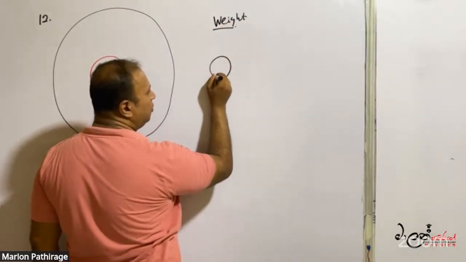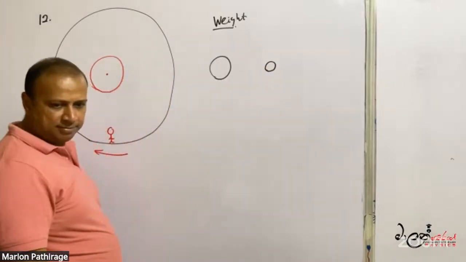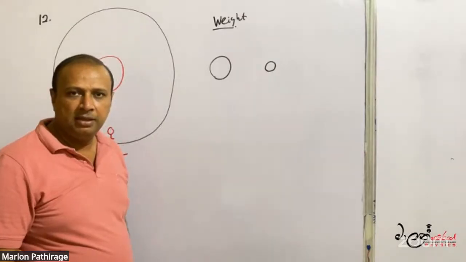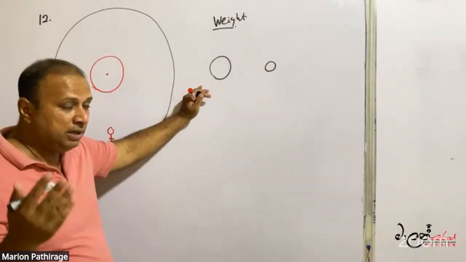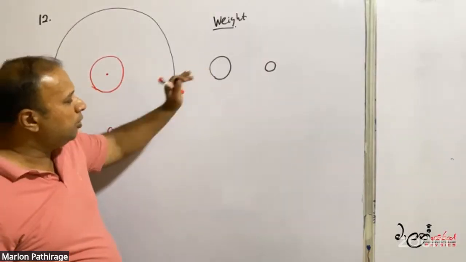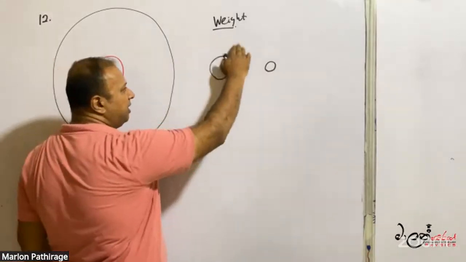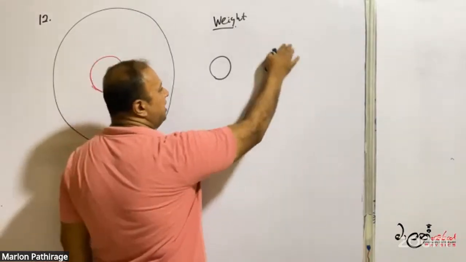Suppose there are two masses. We will learn this in gravitational field. Due to a mass, there is a force field around this mass, and around this mass there is also a force field.